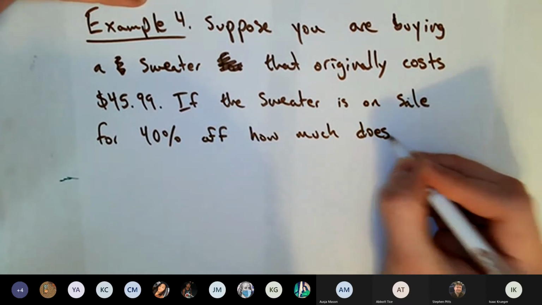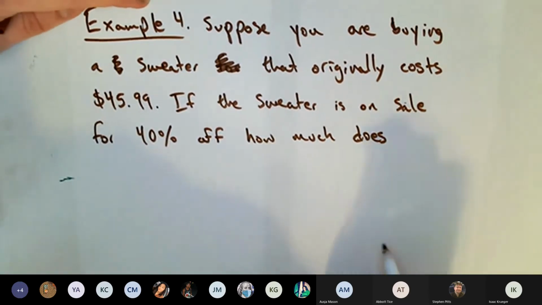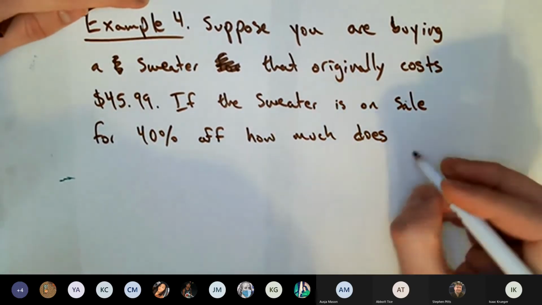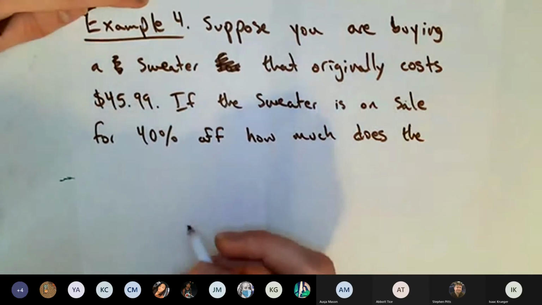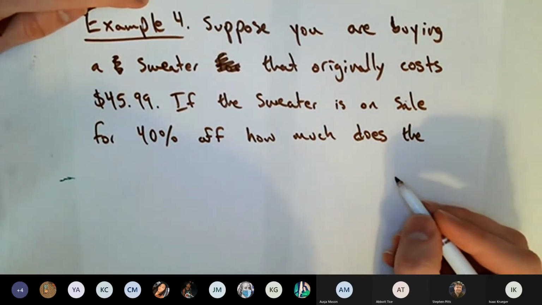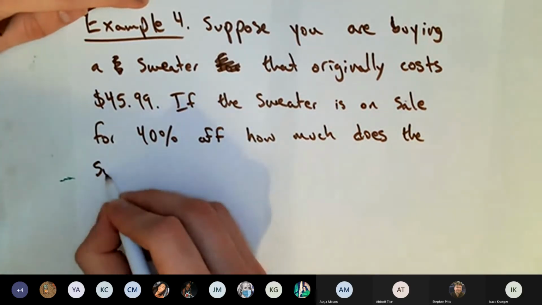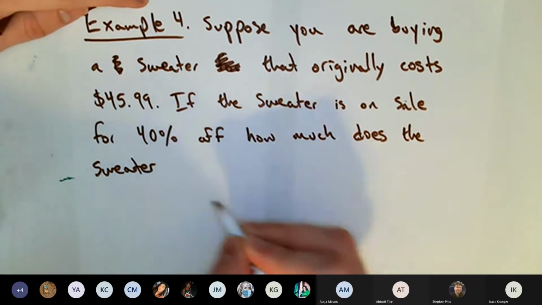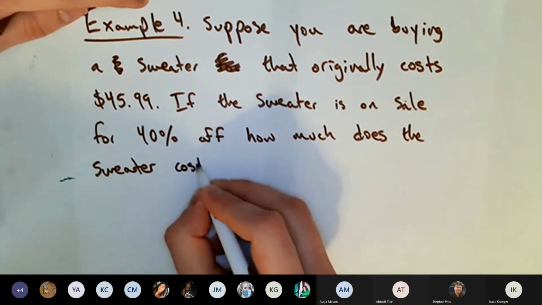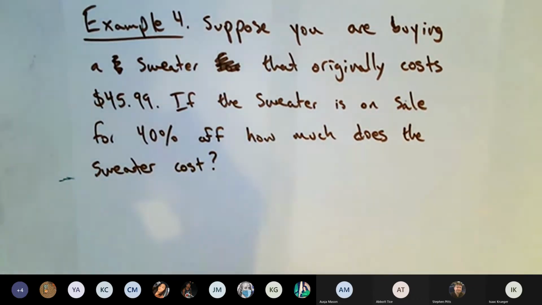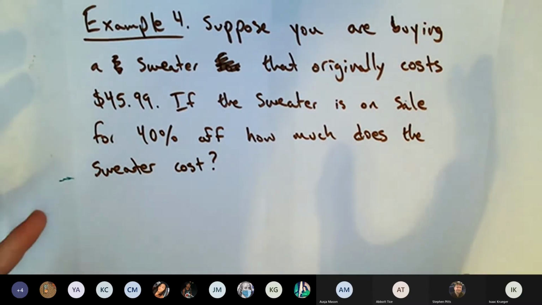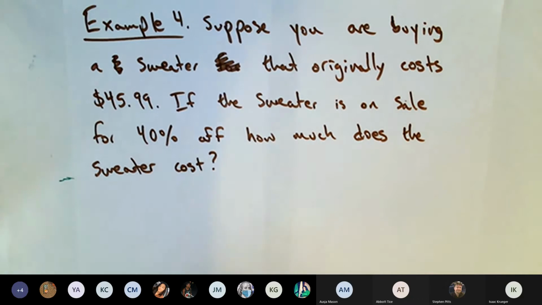I'm going to ask a follow-up question for this one too, but we'll just start with this base question. I could say how much will you pay at the register, but that's fine. And we're ignoring tax here, right? Because you would still pay tax on this, but you're just isolating the 40% off part of the problem.